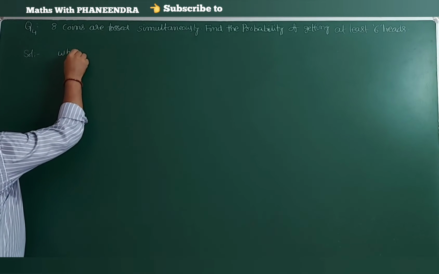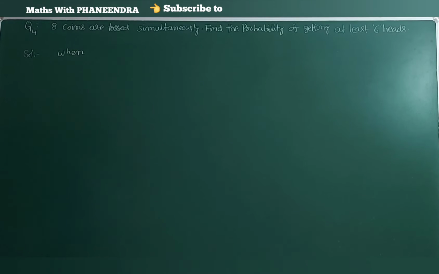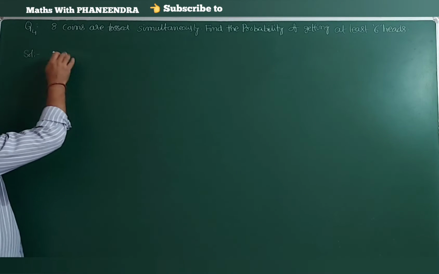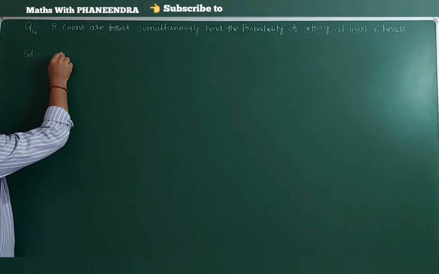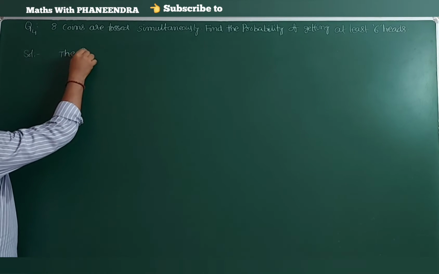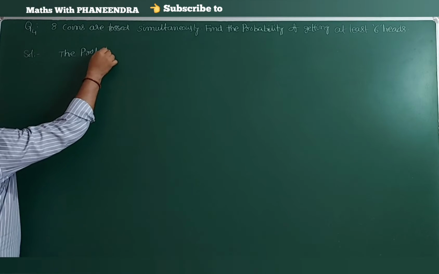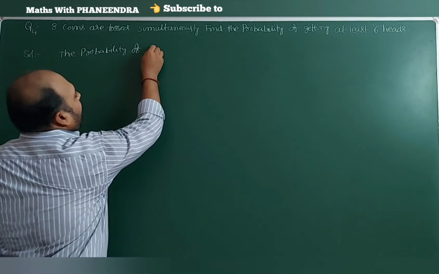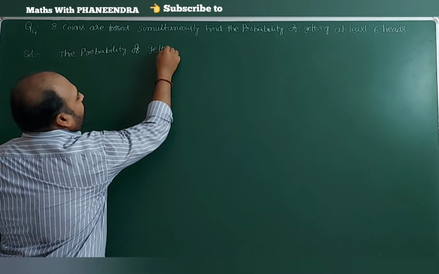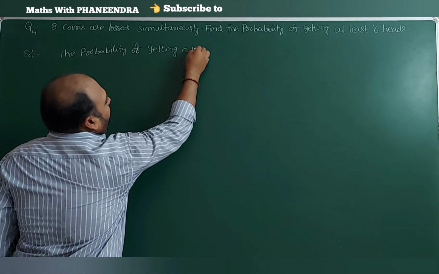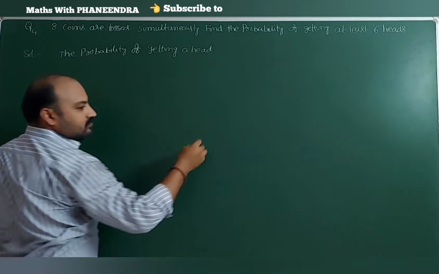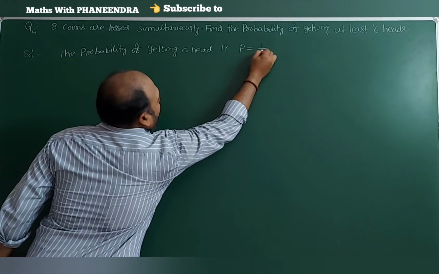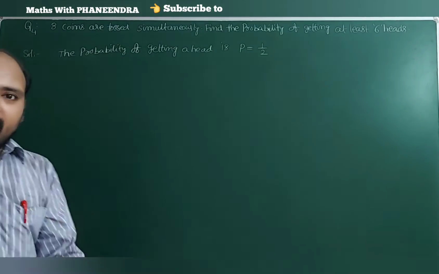When we toss a coin, what is the probability of getting a head? You write it like this. The probability of getting a head is p equal to, two possibilities are there, either head or tail.